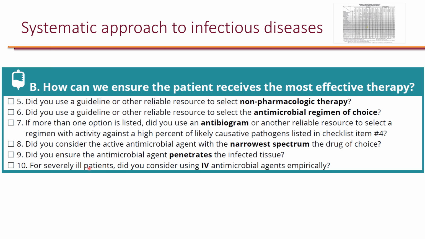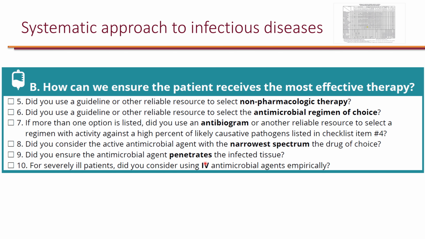And for severely ill patients, you want to make sure that you consider using IV antimicrobials empirically, when appropriate. So in general, people who are severely ill, if you give them orally, they may not absorb it quickly. Or patients are sick, so they may be vomiting, so you don't want them to vomit the antibiotics out.